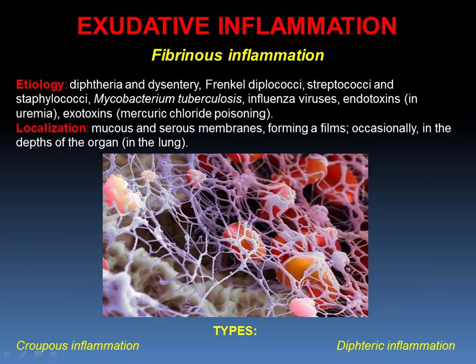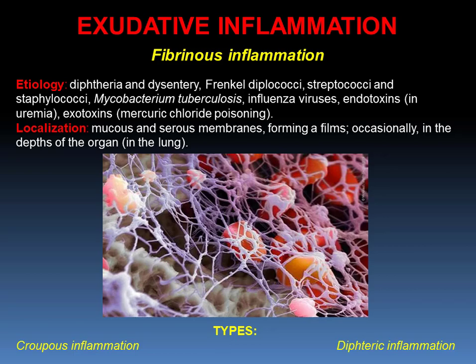The next type of inflammation is named fibrinous inflammation. Fibrinous exudate contains a large amount of fibrin, which is formed from fibrinogen by the action of tissue thromboplastin. Usually fibrinous inflammation is caused by diphtheria and dysentery, Frankel diplococci, streptococci, staphylococci, sometimes Mycobacterium tuberculosis, influenza viruses, endotoxins like uremia endotoxins, and exotoxins, for example mercuric chloride.